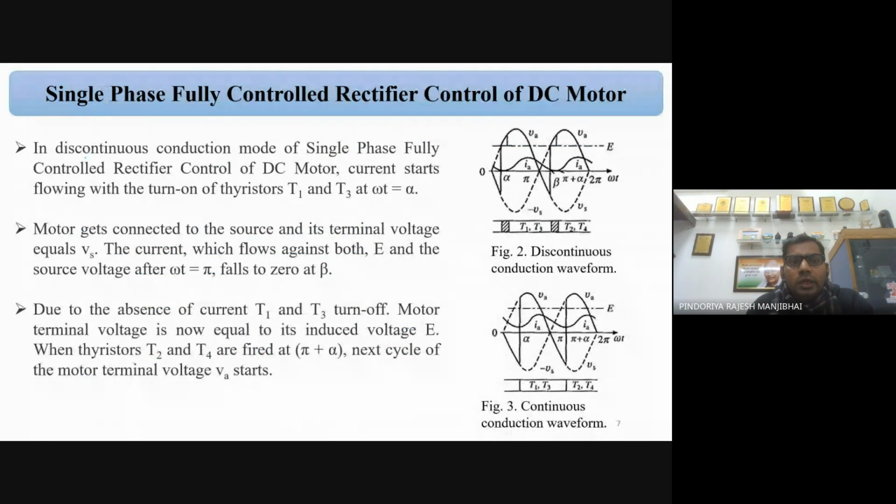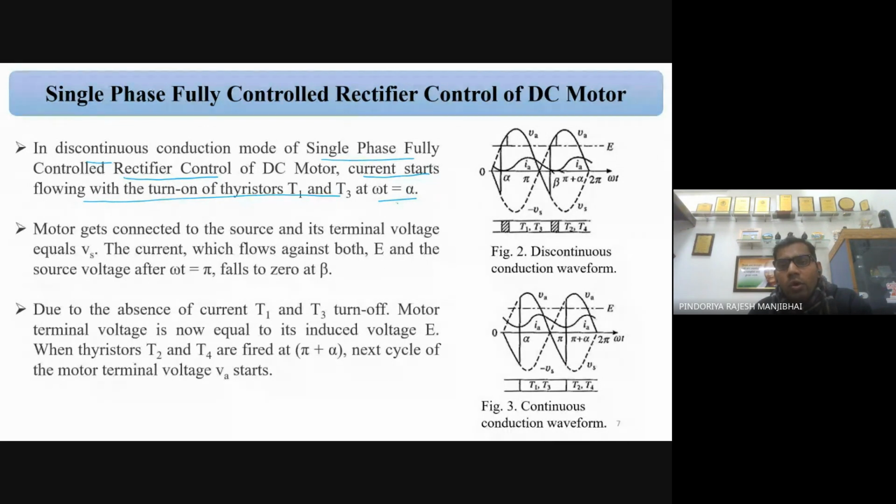Okay, so the mode of the single phase fully controlled rectifier. Why fully controlled? Because we have thyristors, and a thyristor is a controllable switch. Current starts flowing on turning on thyristors T1 and T3 at omega t equal to alpha.